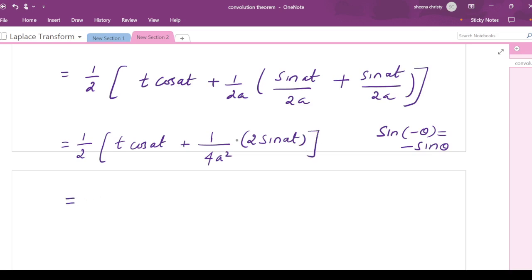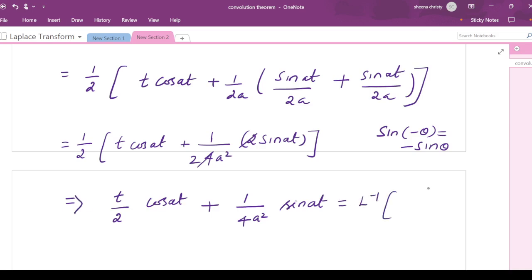Therefore, it is equal to t by 2 cos at plus 1 by 4a square sine at, which is the answer for L inverse of s square by s square plus a square.